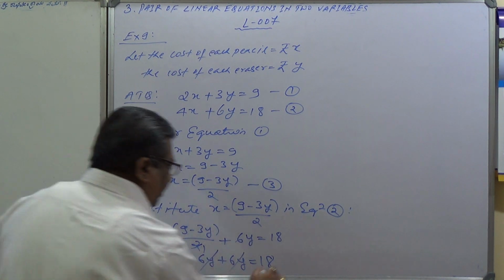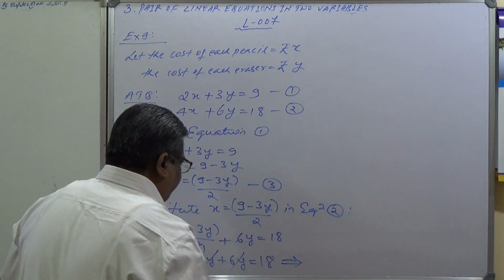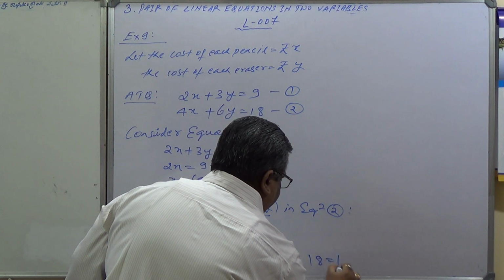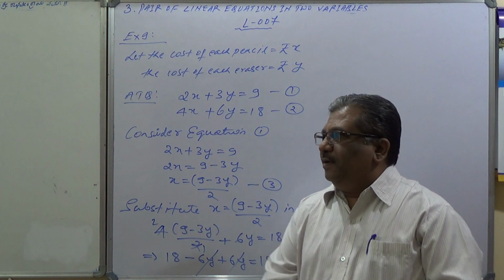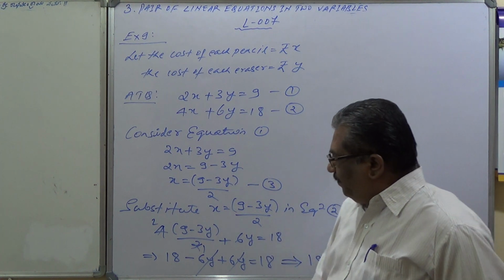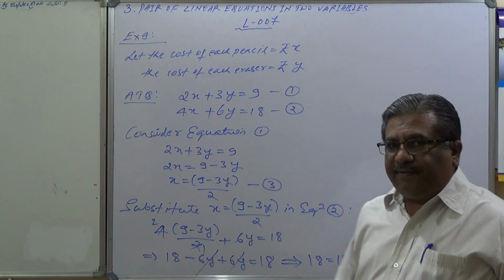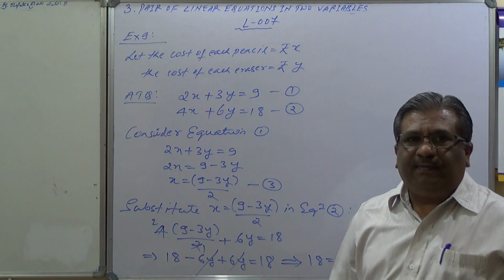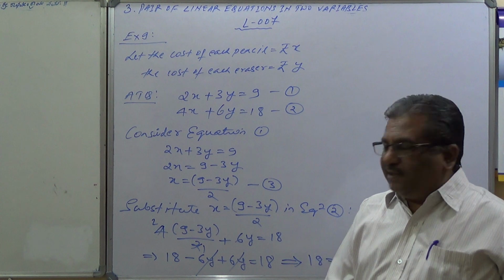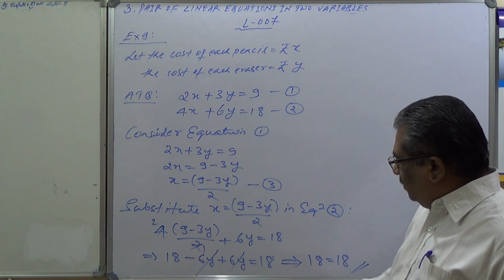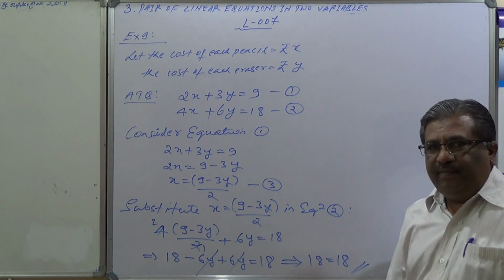These two will cancel, which implies 18 equals 18. Surprisingly, when I started finding out the value of y, I could not get any variable, but rather I got the answer 18 equals 18.